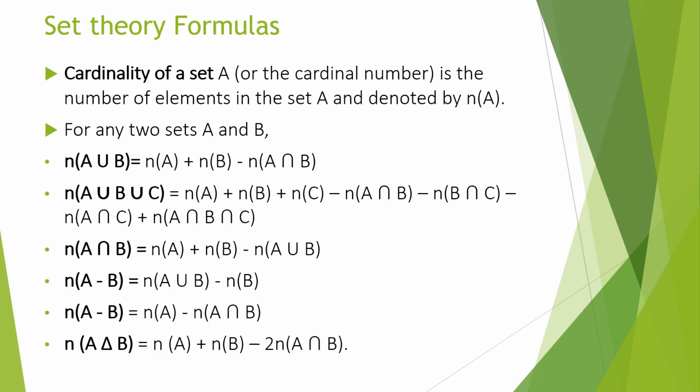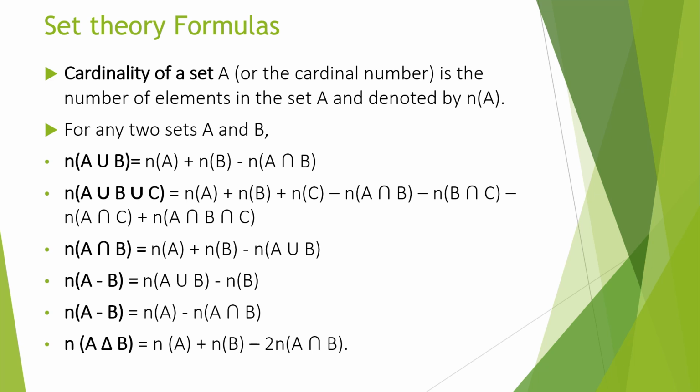Now some formulas which you need to remember. Cardinality of a set, or the cardinal number of a set, is the number of elements in the set A, and it is denoted by n of A. Remember, when you are writing a set, you don't repeat the elements.